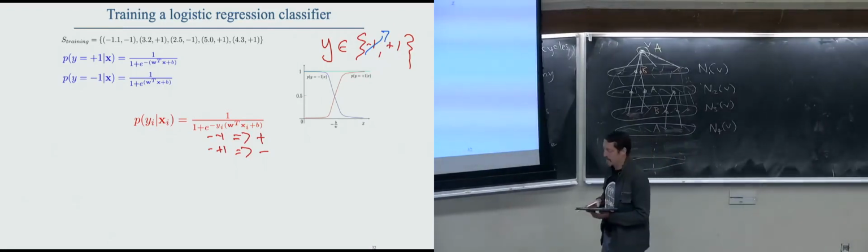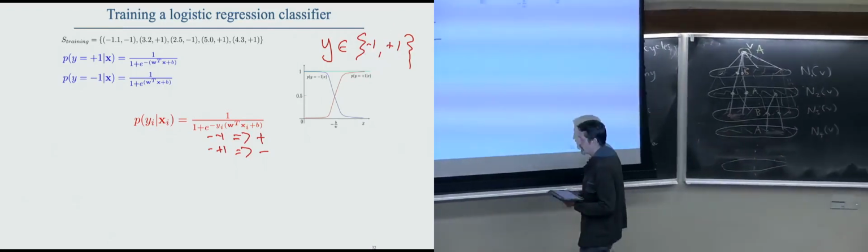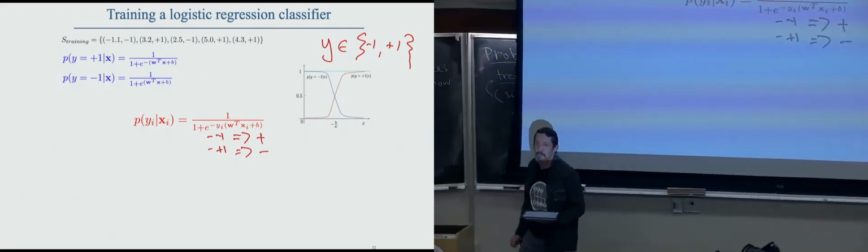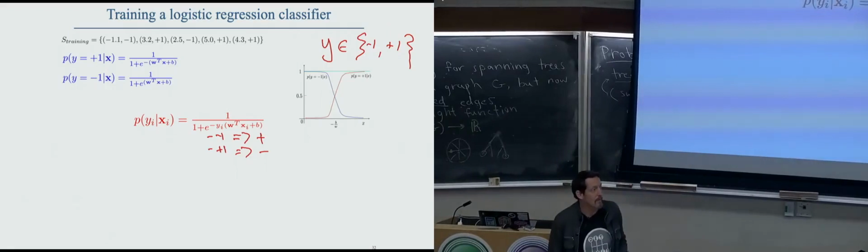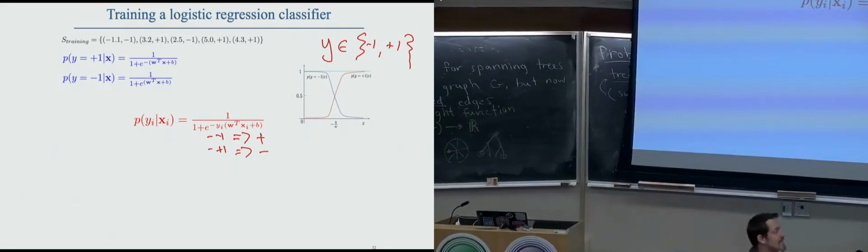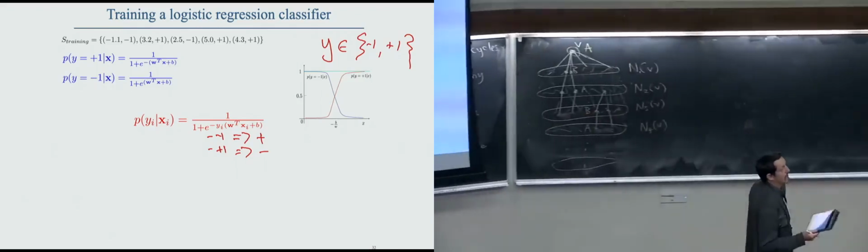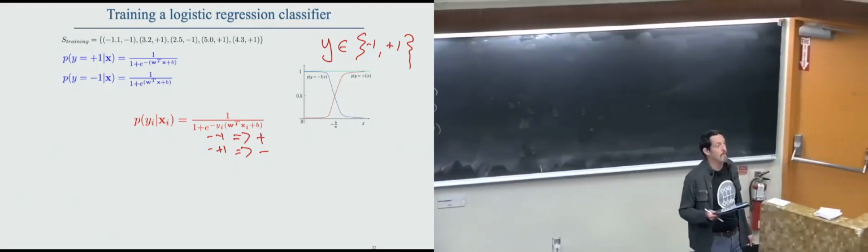So as long as we pick the tricky labels, we're good. Does everybody follow that? Yeah, so we can't use 0, 1 for logistic regression. It has to be -1 and +1.